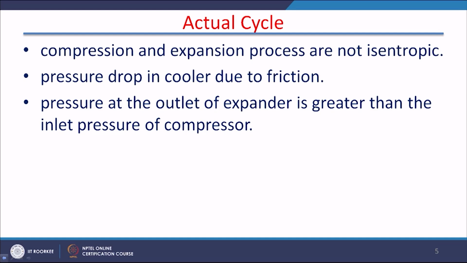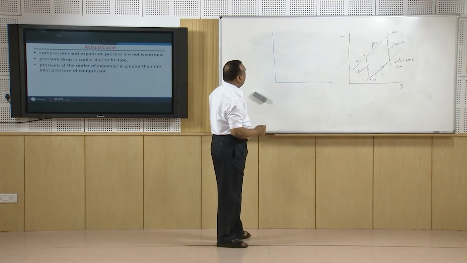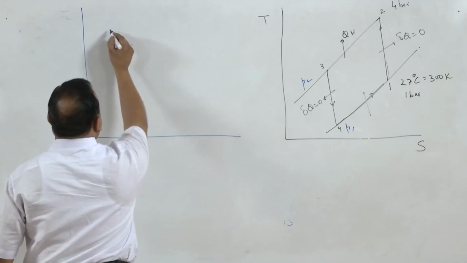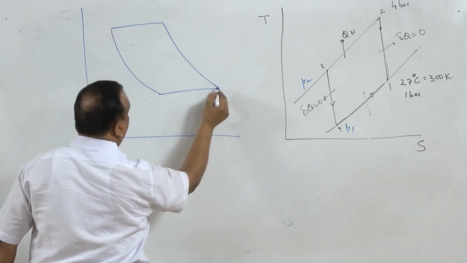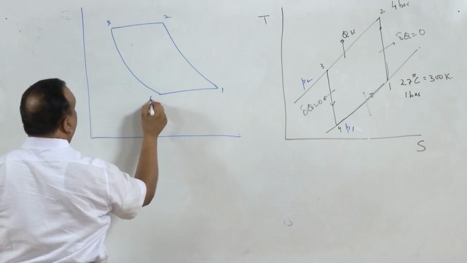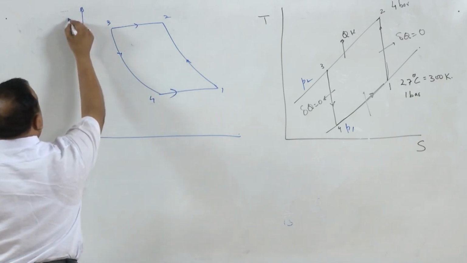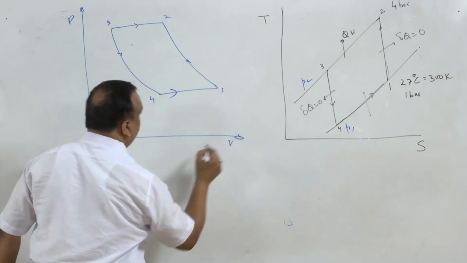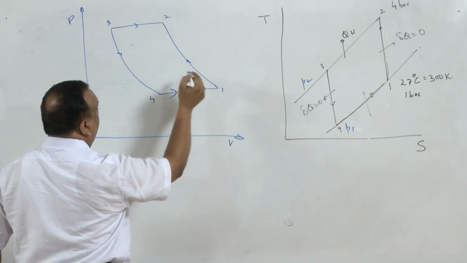Actual cycle. Now, in the actual cycle, I will depict it on both the pressure-volume and temperature-entropy diagrams. First of all, this is the ideal cycle, 1, 2, 3, 4, on the pressure-volume diagram. In the actual cycle, this is no longer an adiabatic process.